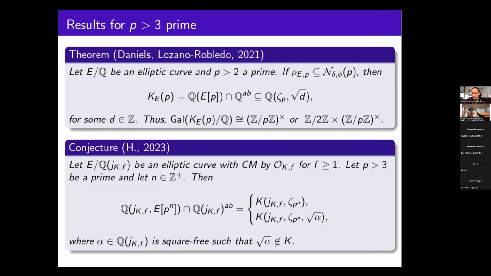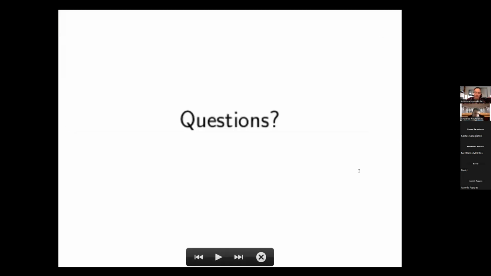Alpha is going to be in Q adjoin j_K F, and it'll be square free, such that the square root of alpha is not in K, which is pretty much what I mean by square free. It will be one of these two. I think that's all I had.